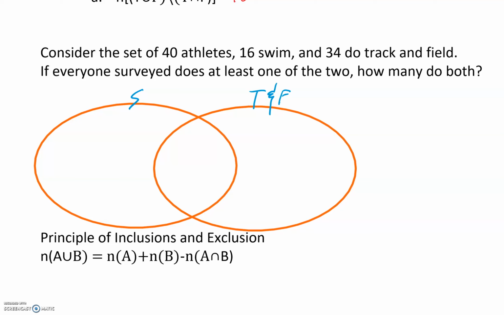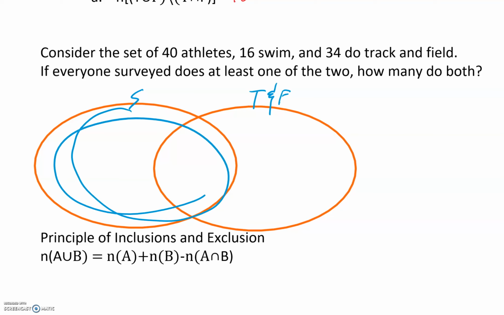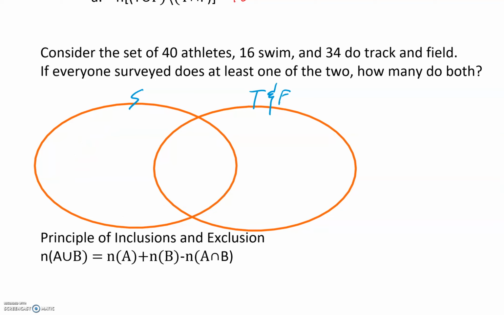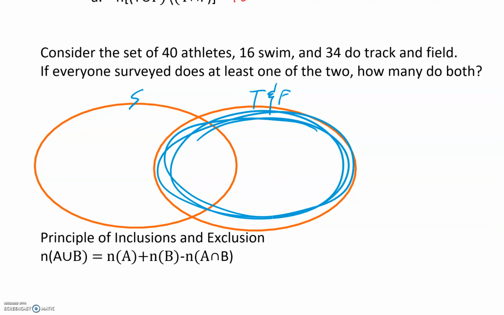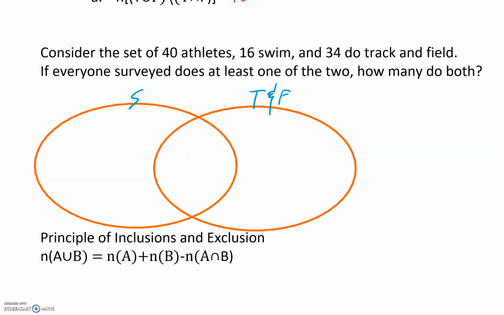And 16 includes everything in this entire circle, including the intersection. 34 includes everything in this circle, including the intersection. So what we have to do is add 34 plus 16, see what that gets us. That gets us 50 on the nose.